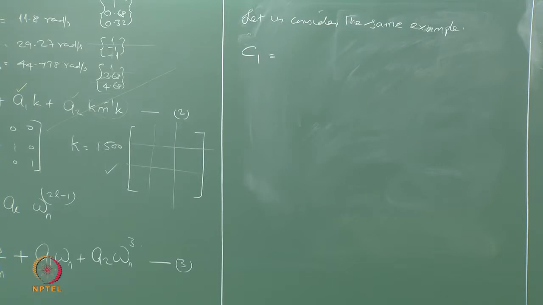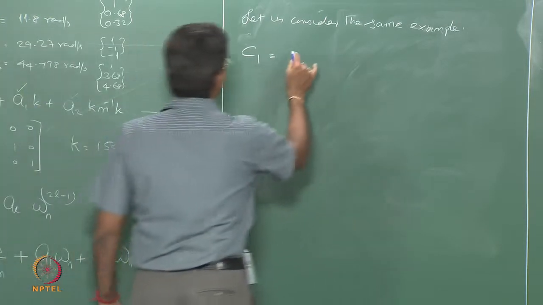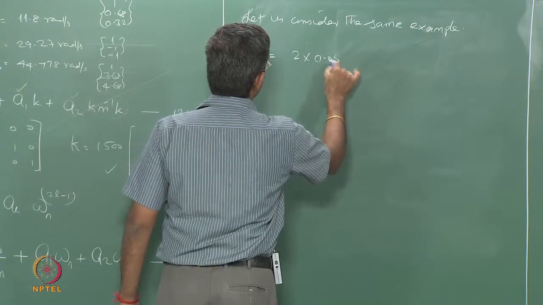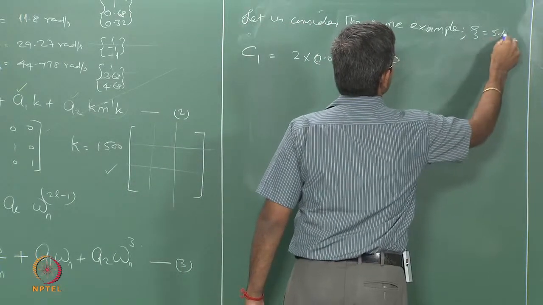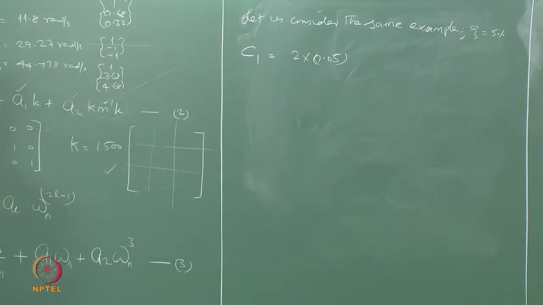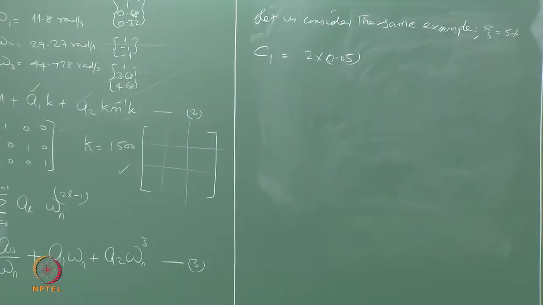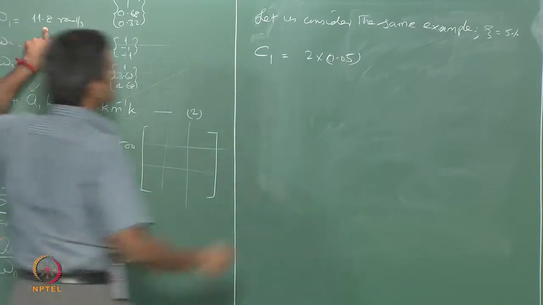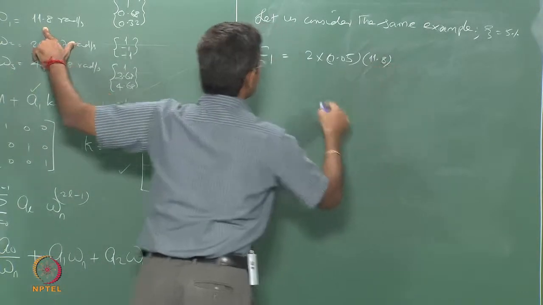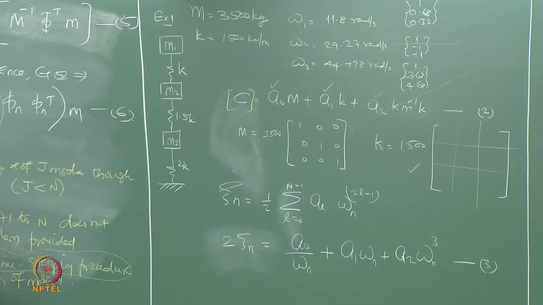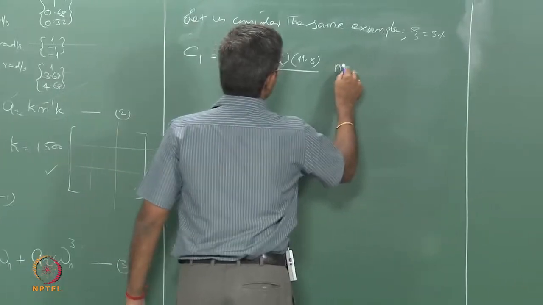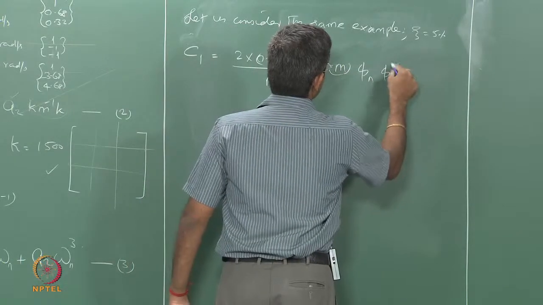In the internal term, let us evaluate this first, 2 times of 0.05, assuming zeta is 5%, 0.05, omega 1 is 11.8, divided by normalized mass matrix 1, we will multiply 3500 later, m phi n transpose.